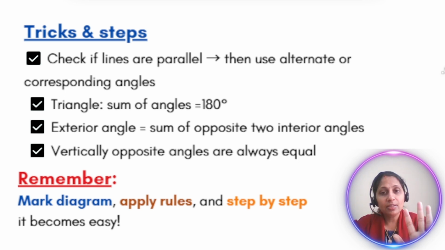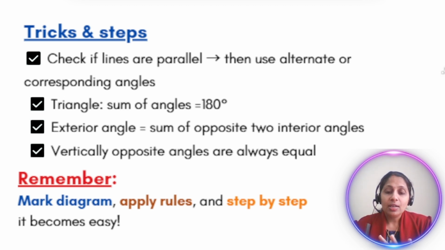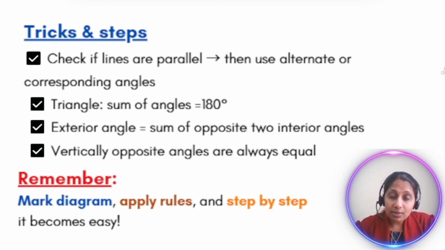Okay, five angle types you have to be thorough: vertically opposite, linear pair, alternate, corresponding, co-interior. When coming to triangles, the properties of the triangle, then the two theorems, interior angle sum property and exterior angle property. And always remember, whenever you are given a problem, draw the diagram, mark it clearly, apply the rules, whichever applicable there, and solve it step by step. It becomes completely easy. Okay.